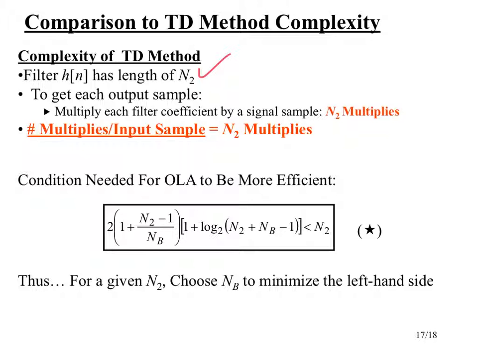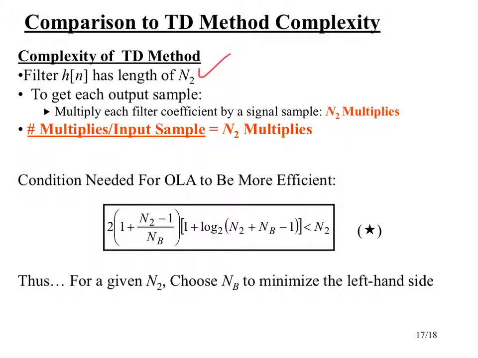So for each output sample, we would need to do N2 multiplies, since we have N2 impulse response values. Just imagine computing an output sample of a convolution. We take our h of n, we flip it, we shift it, it's completely inside our signal, and we have to take those N2 h values and multiply them by their corresponding lined up input samples.